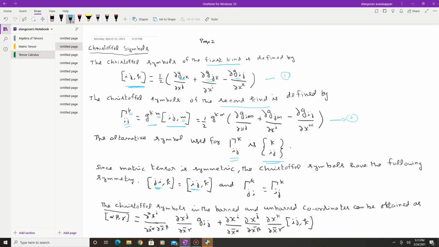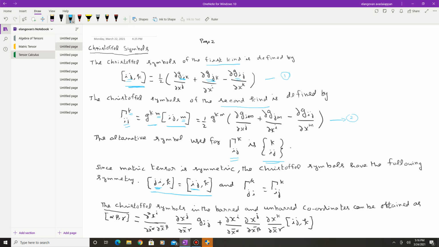That can be easily proved, because if you replace i with j and j with i in equation 1, you will get the same expression again. So if you interchange i and j in equation 1, it is not altered. So [ji, k] is equal to [ij, k]. So there is a symmetry.